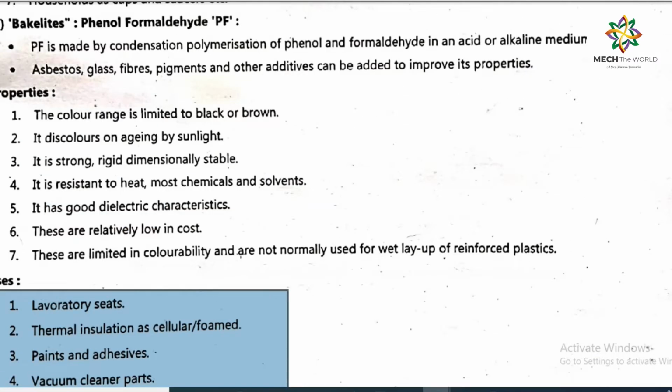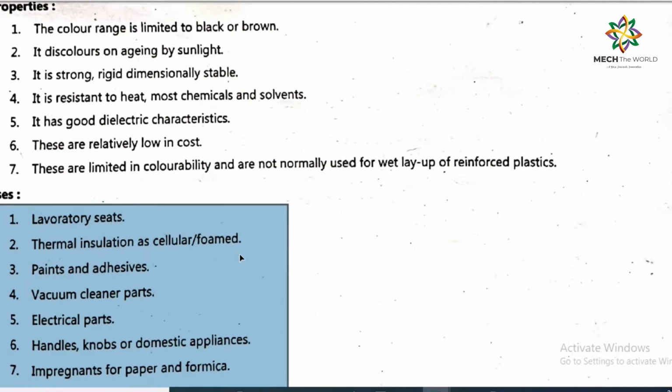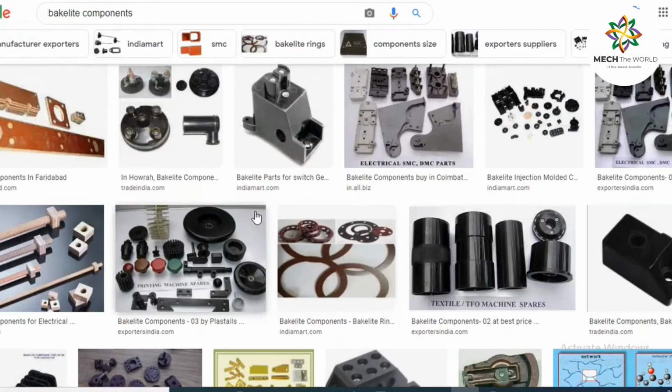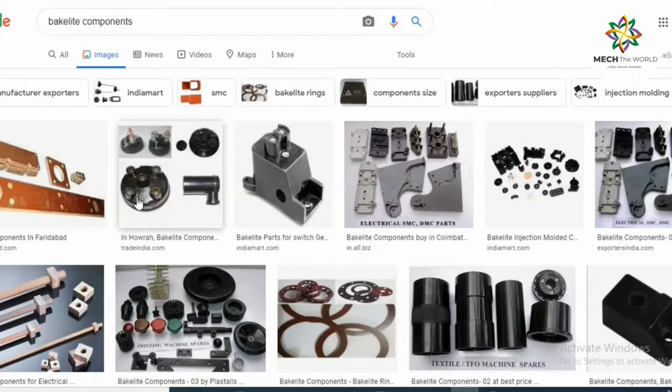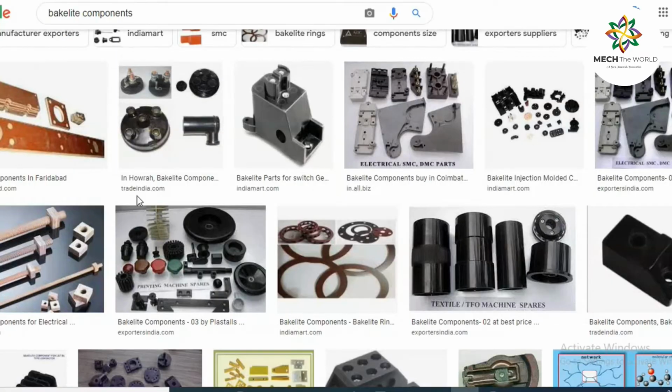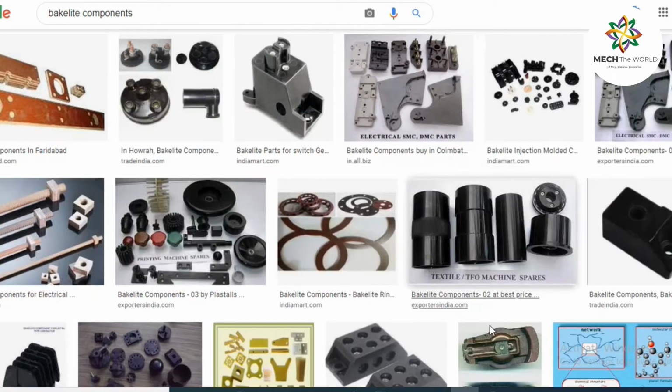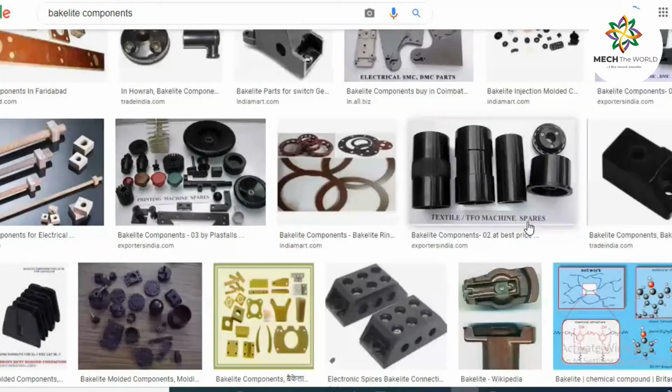I will show you an image in which we can see those types of products. So these are the different examples of the bakelites. Here you can see such kind of object on your spark plug cover, or such kind of part is also used as a spark plug cover of your two-wheeler.